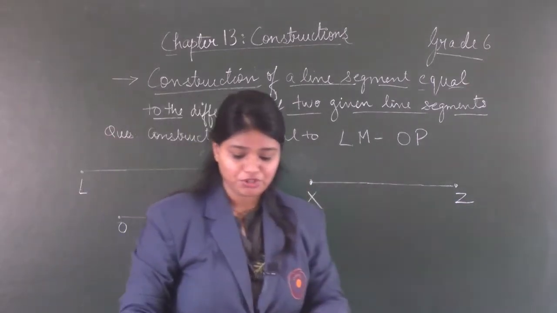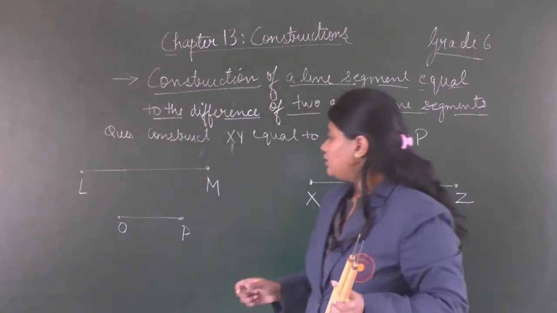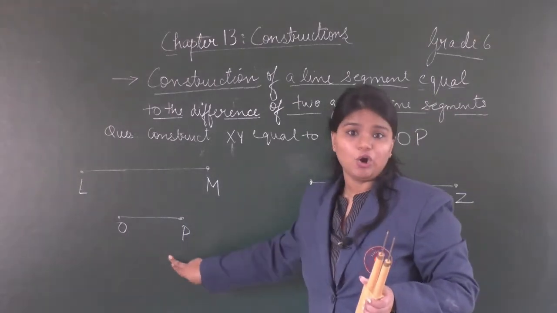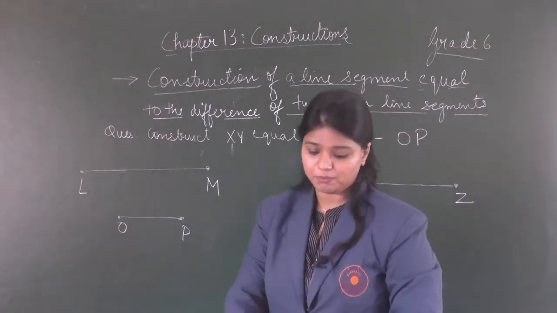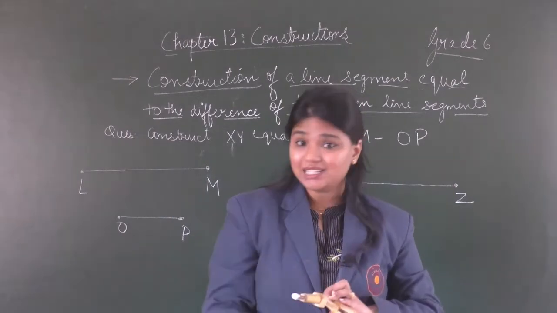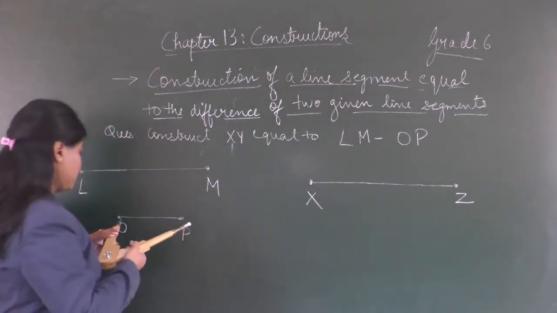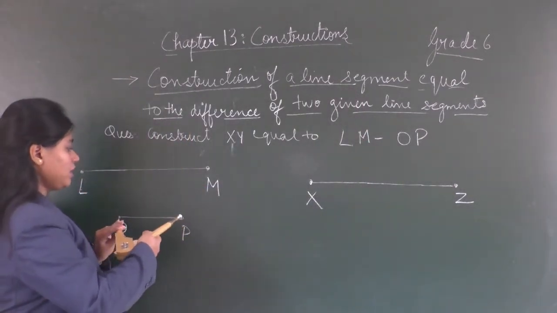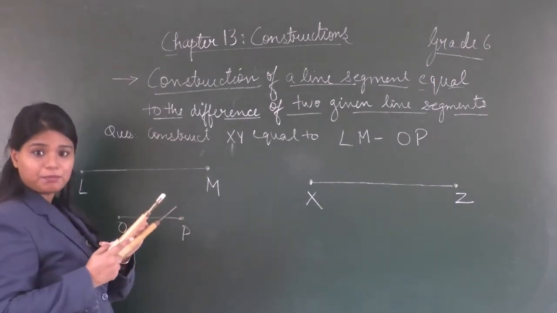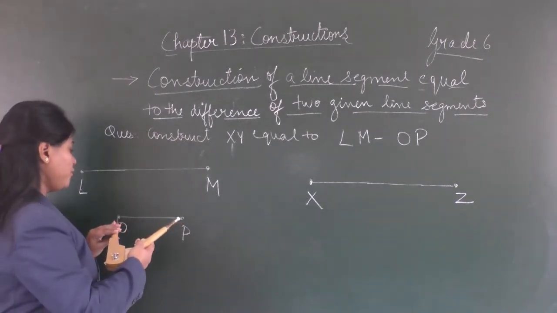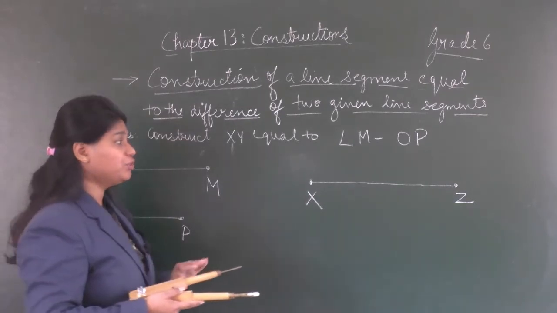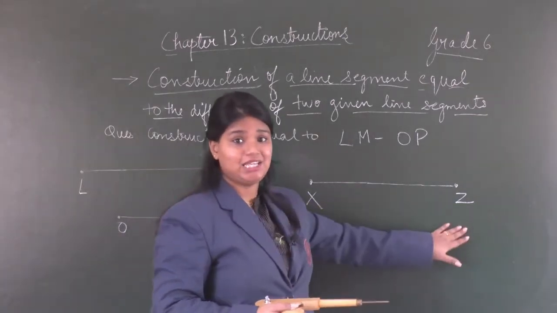Next, you will measure OP. You will open your compass, place the needle on O and the second arm on P. So I have opened my compass wide apart with the measurement of OP. Now you will cut an arc on XZ.